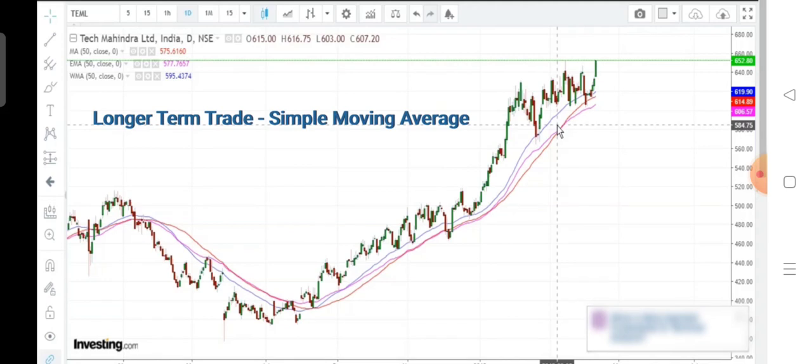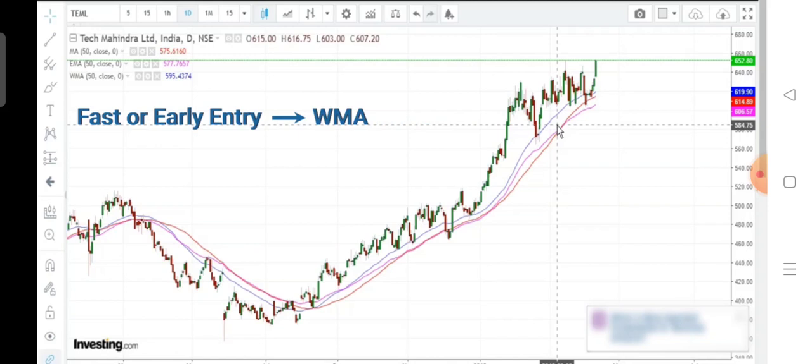But if you want to enter quite fast or early, then you should look at a weighted moving average. But if you are in between, you can go for an exponential moving average. Each one has its own power of deciding how you make profit, but the factor is that the weighted moving average would be giving much more entry points, and some of them may be false also.